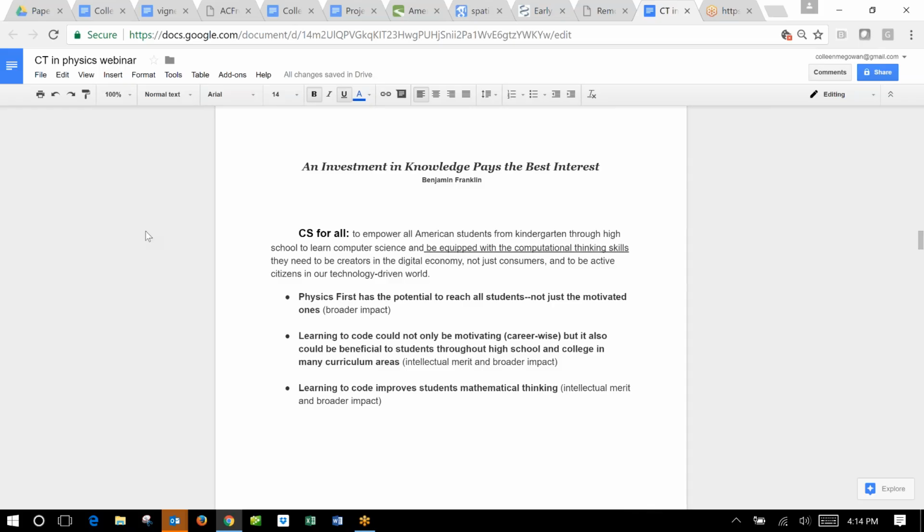So computers have been around a long time. We don't get the best out of them in general in education. It takes a long time for educational institutions to change.